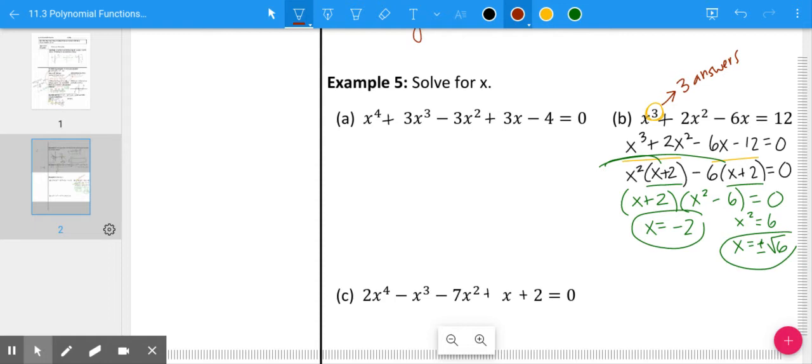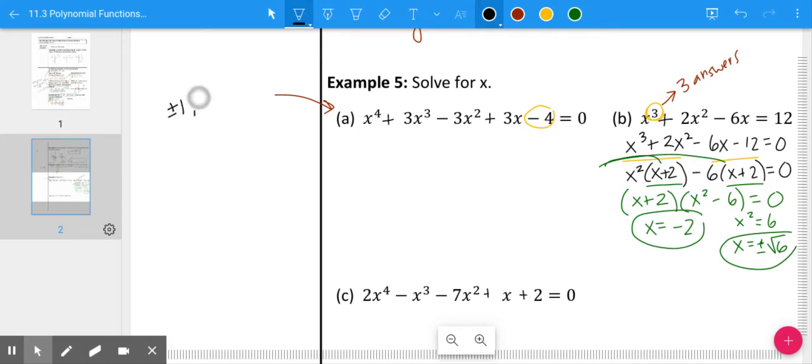Now, on A and C, I would love to try factoring, but I can't. It's a degree 4. There's no factor by grouping. There's 5 terms. There's nothing I can really do to factor. So instead, I go through the rational root theorem. The rational root theorem says possible zeros are going to be factors of your last number, factors of 4.